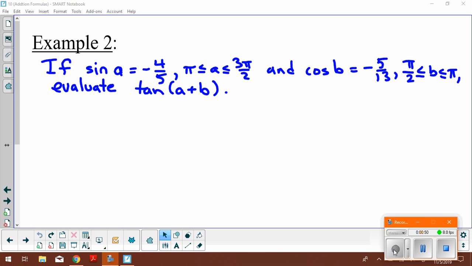The information I have for sine and cosine is going to allow me to draw a little picture so I can figure out tan, right? Because for the formula tan of A plus B, I'm going to need to know tan of A and tan of B if I want to do that fairly quickly here. Okay, so we'll start with A.